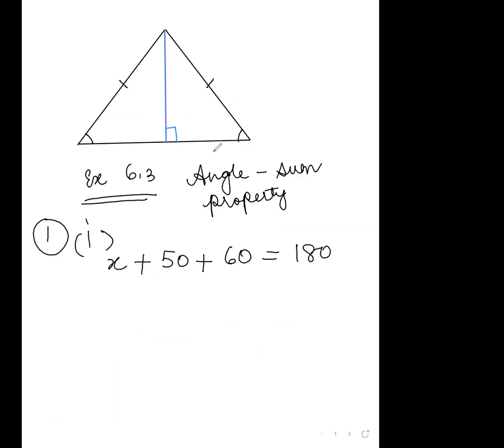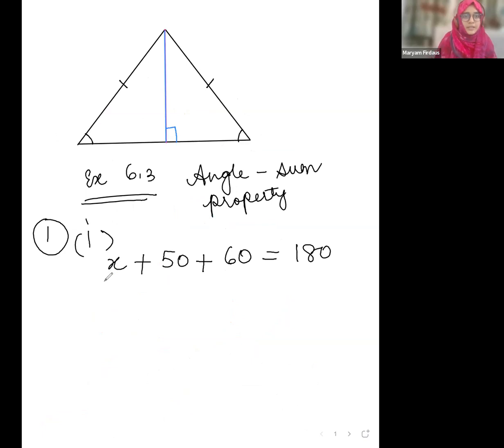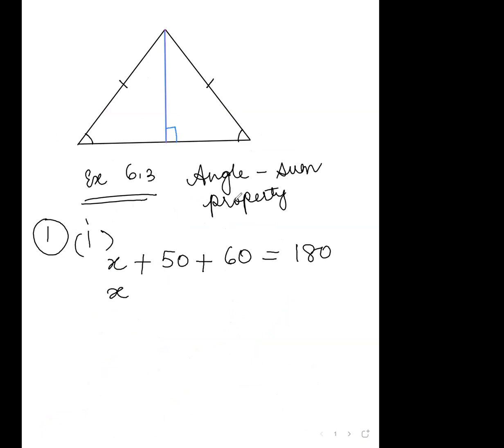Good. So can you find it out from here? What is X equal to? Okay. So do we have to do 60 first? Hiba, what is 50 plus 60? 110.